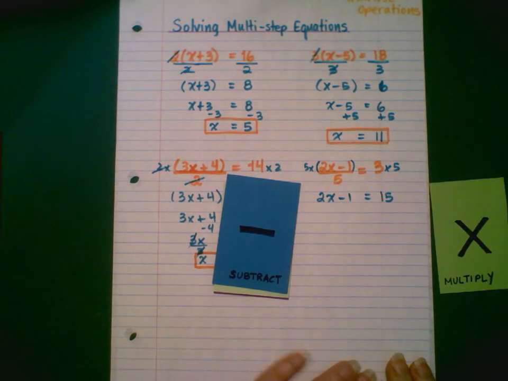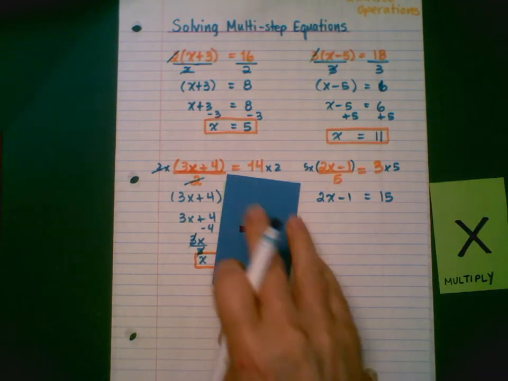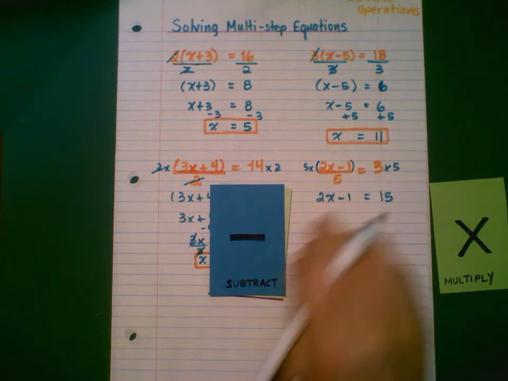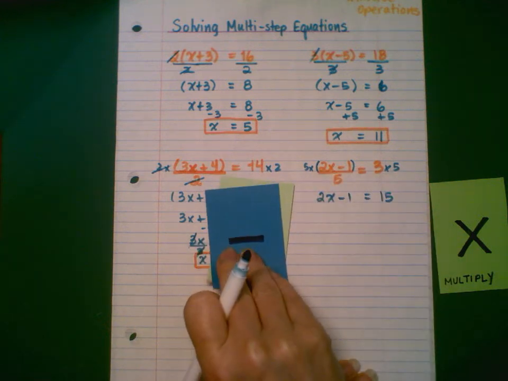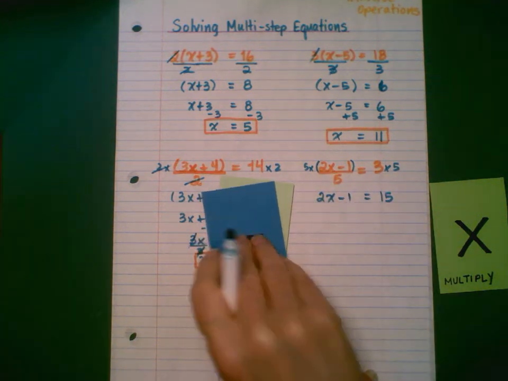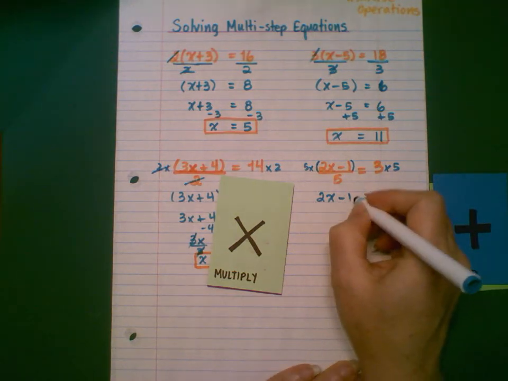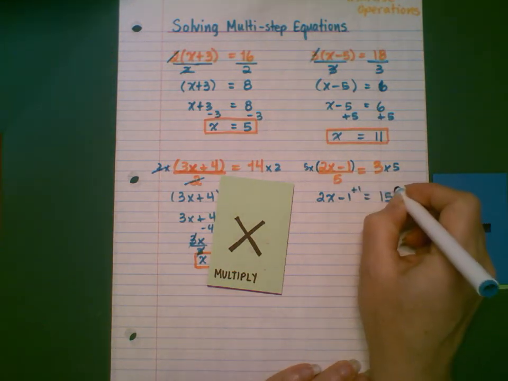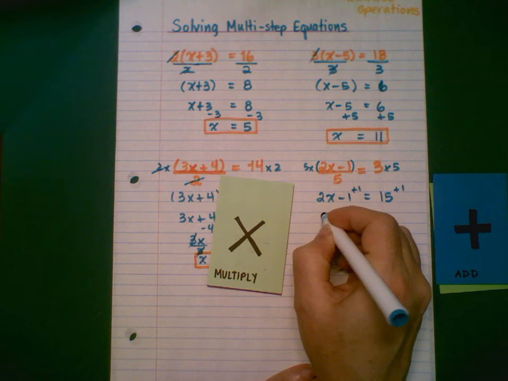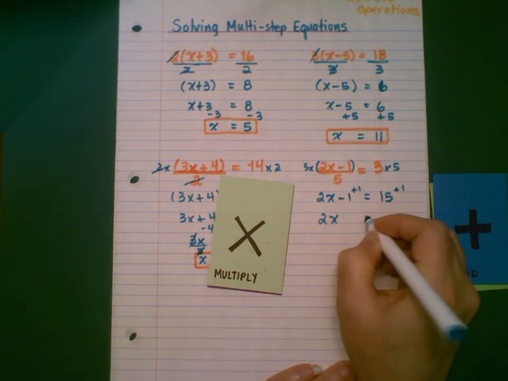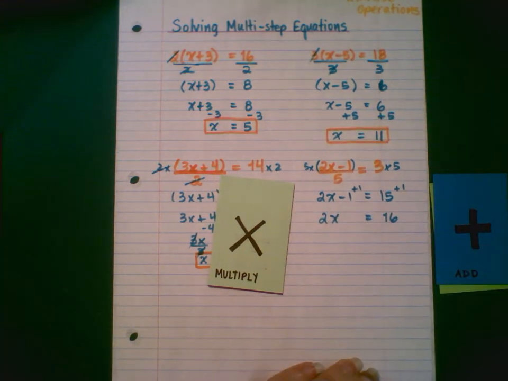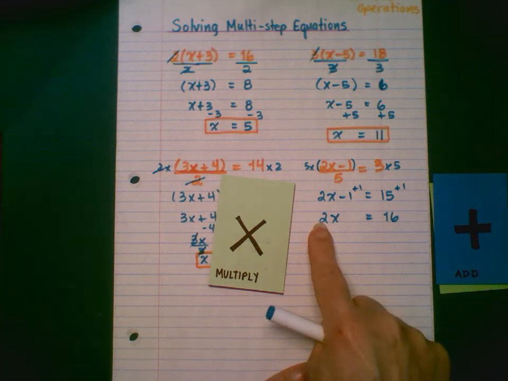And that gets me to 2x minus 1 is 15. Right, I've dropped the brackets now, that's fine. Now I'm going to deal with this minus 1 by adding. So I have 2x is 16. This 2 is a multiplier.